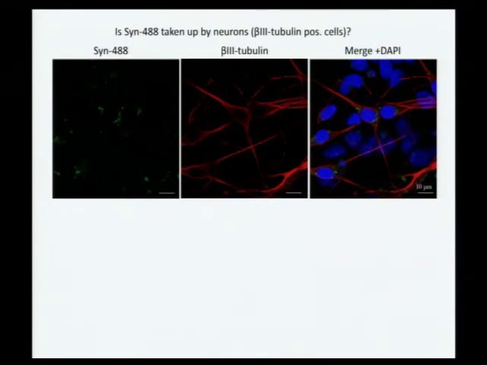So we have some highly fluorescent alpha-synuclein fibers. When we give them to neurons, indeed, some of those fibers enter the cell body of the neurons, as you can see here. The neurons are characterized with beta-tubulin, the beta-3 tubulin specific for neurons. So indeed, those fibers of alpha-synuclein are able to enter the neurons.